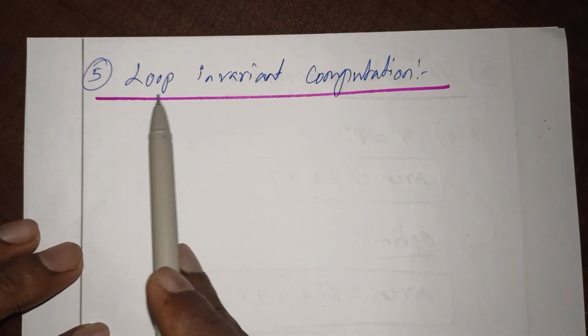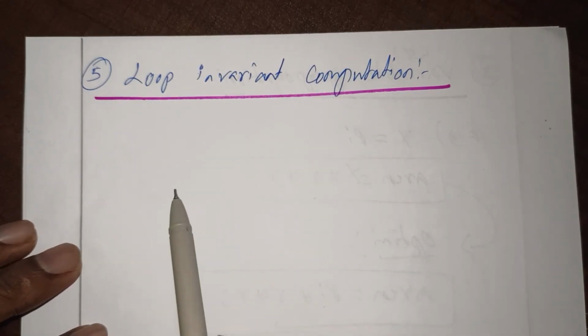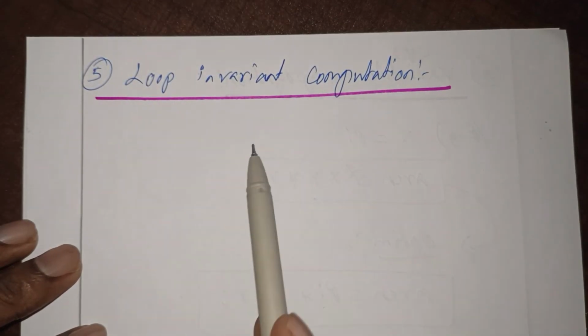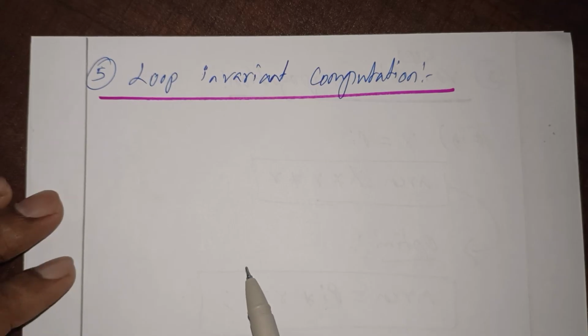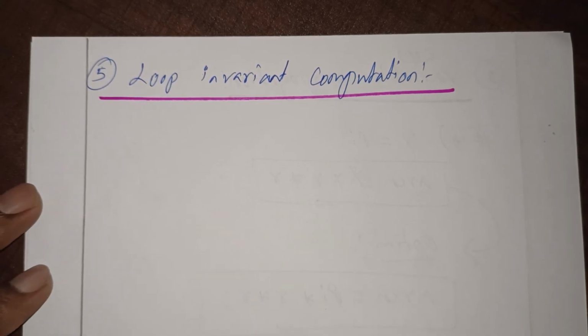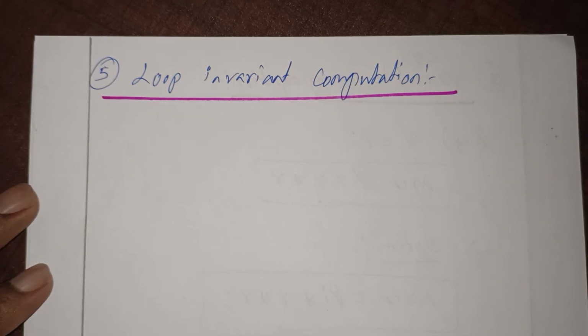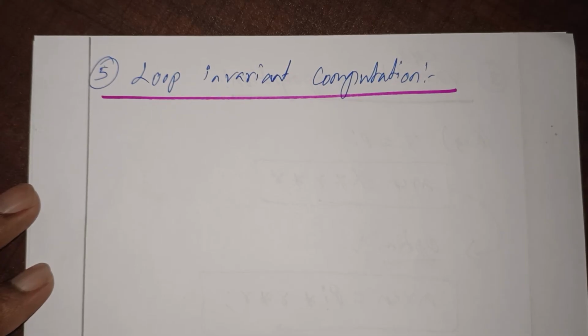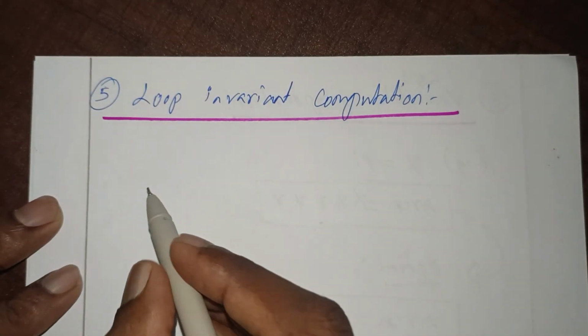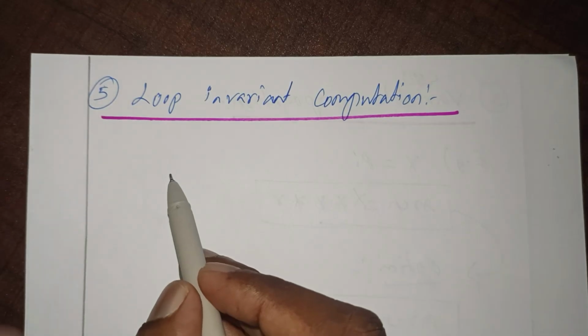The name is loop invariant computation. This is the most important technique. What is this loop invariant computation? Moving some amount of code outside the loop, like we did in the previous approach, and this is a little change. We can see the code movement is different, and the amount of code outside the loop is different, right? So here, previously we didn't do anything in the loop, right?